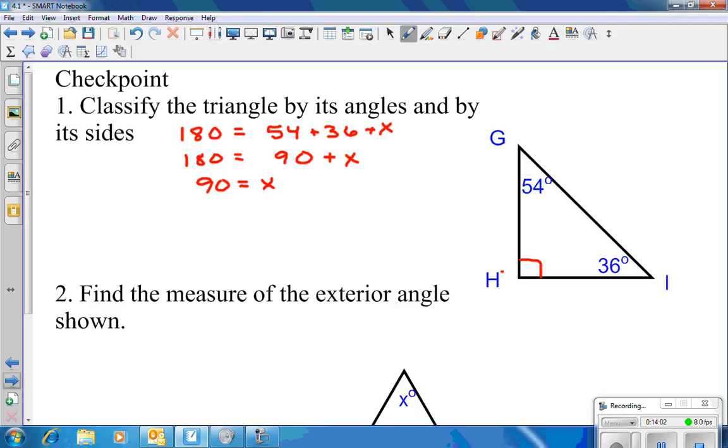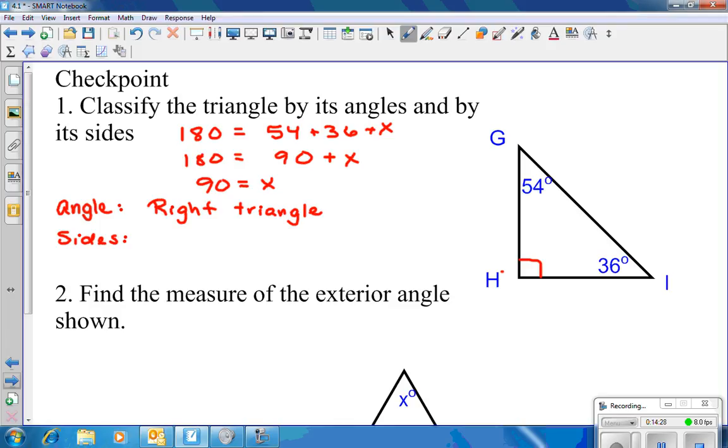So that means that that angle is a right angle. All right, so if that's a right angle, how would I name it by its angles? What kind of triangle would it be? Hey, it's a right triangle. But if you didn't add that up, you might not have known that it was a right triangle. You might have just thought it was an acute. All right, if I'm going to name it by its sides, what would you think? Is there anything that tells me that the sides are equal?